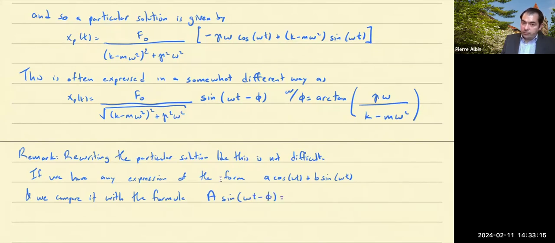If you just expand that out, you would get minus capital A sine of phi times cosine omega t plus capital A cosine phi sine of omega t.